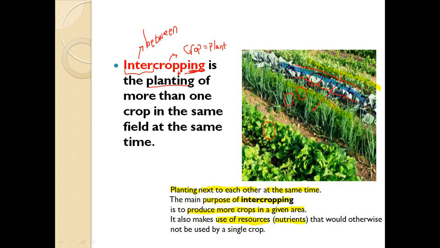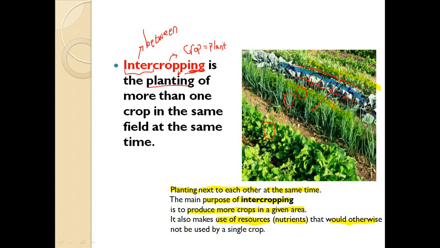So we can make use, rather than only one crop eating from the fertilizer. No, we will actually make use of the resources, the nutrients or the fertilizers that we put in the soil, so that all the crops together eat from the fertilizers that would otherwise not be used by a single crop.